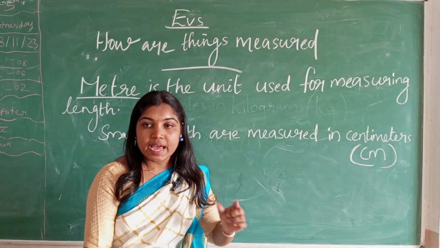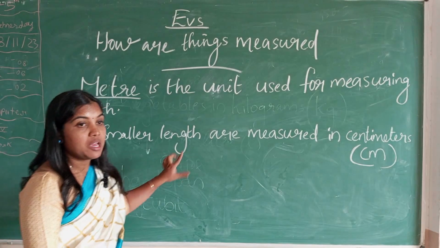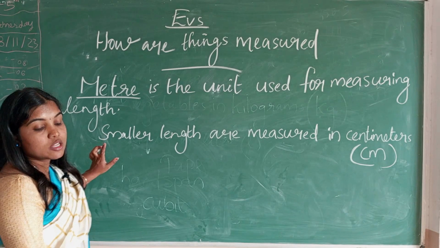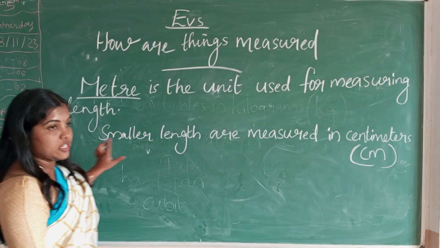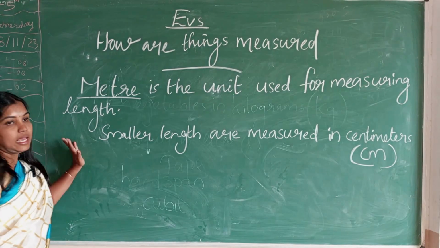So to get an accurate measurement, we have a fixed unit for measuring things. So meter is the unit. Meter is the unit used for measuring length.